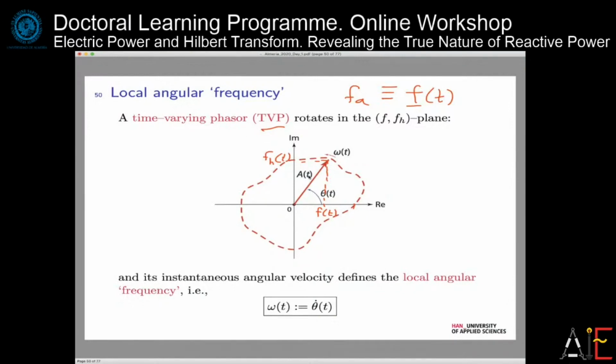Reflecting this time varying thing. We can go a little further, and we can look at this rotating at a certain velocity, and this velocity is not constant in general. Only for purely sinusoidal waveforms is this velocity constant, and that's the reason why we can remove time out of the equations, because your phasors always move at a constant speed.